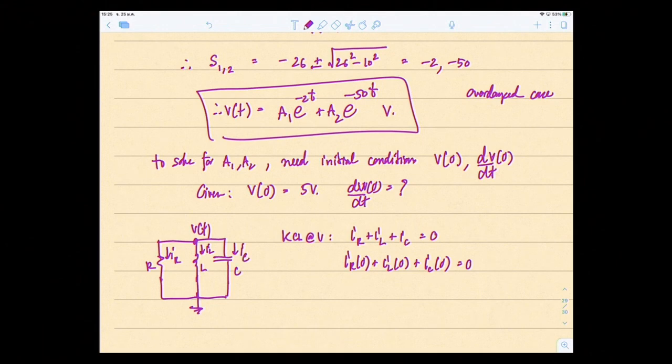The current going through a capacitor is equal to C dV dt. Therefore, this becomes C dV dt at 0 equal to 0. IR, V equals IR, so I equals V over R. So this is V at 0 over R, and R in this case was 1.923, plus IL at 0. IL at 0 was given to be 0.